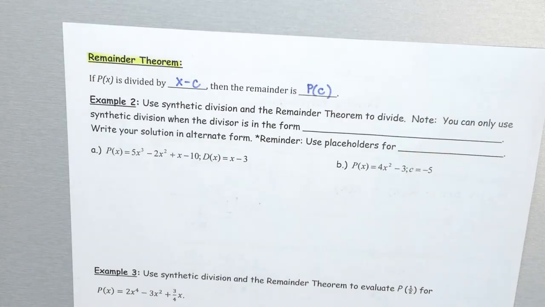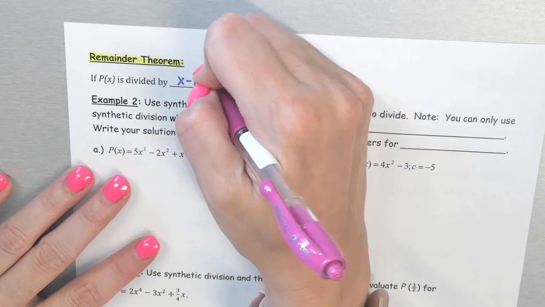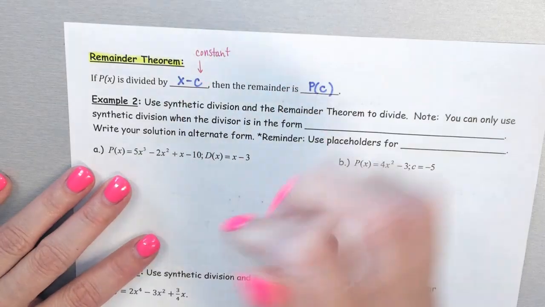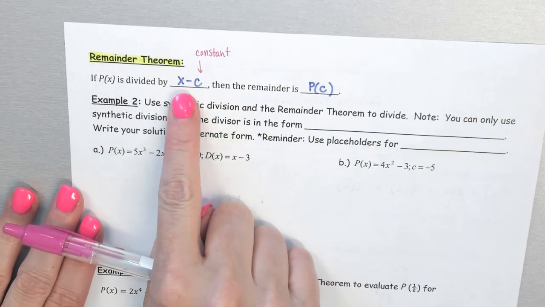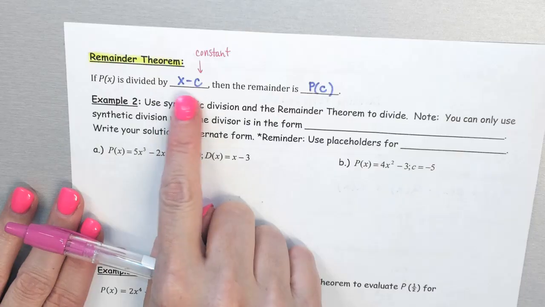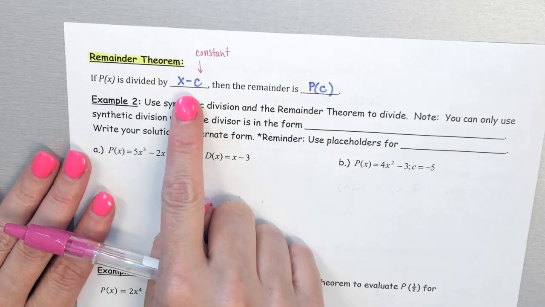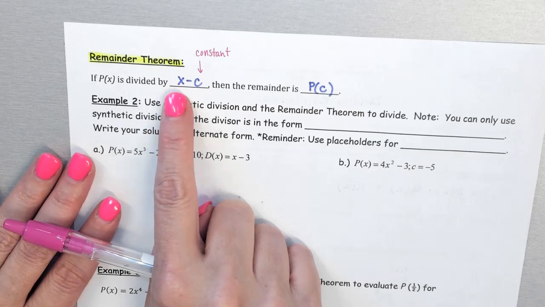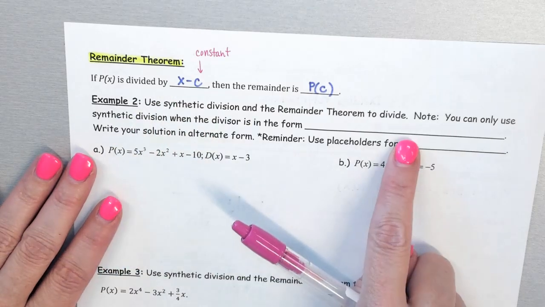So let's talk about what that means. So when they're saying you're dividing by x minus c, that divisor, c is just going to be a constant term here. Okay, and it has to be of this form. Okay, this form, it has a leading coefficient of 1, and the degree is 1. And we're going to write that here.